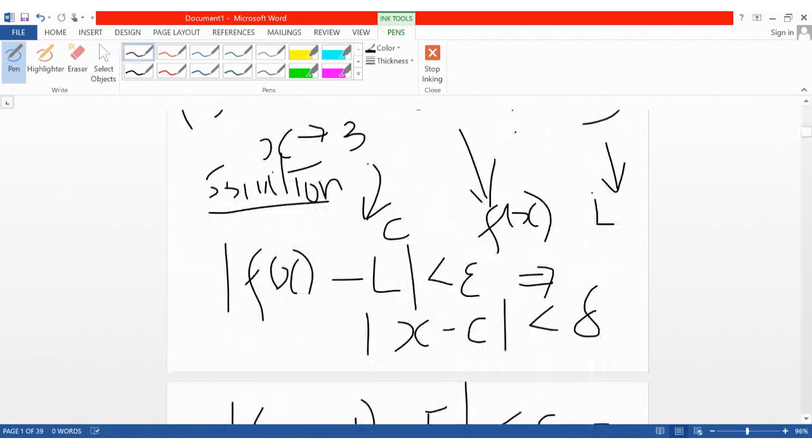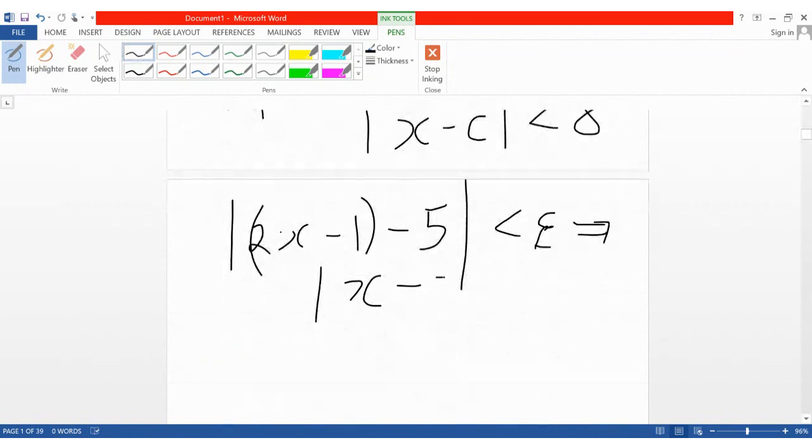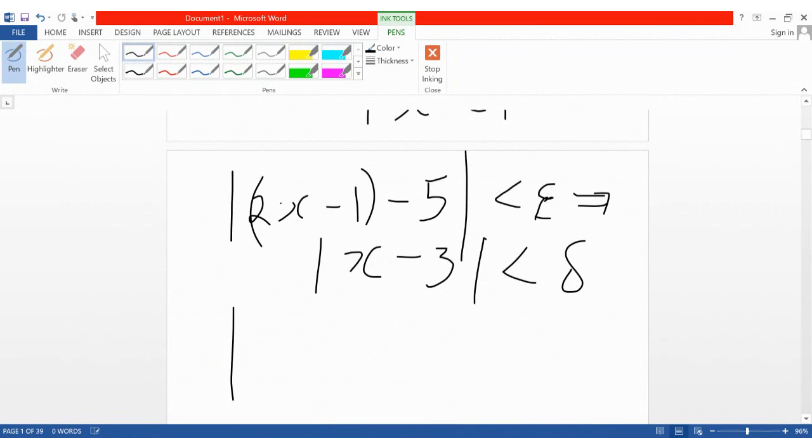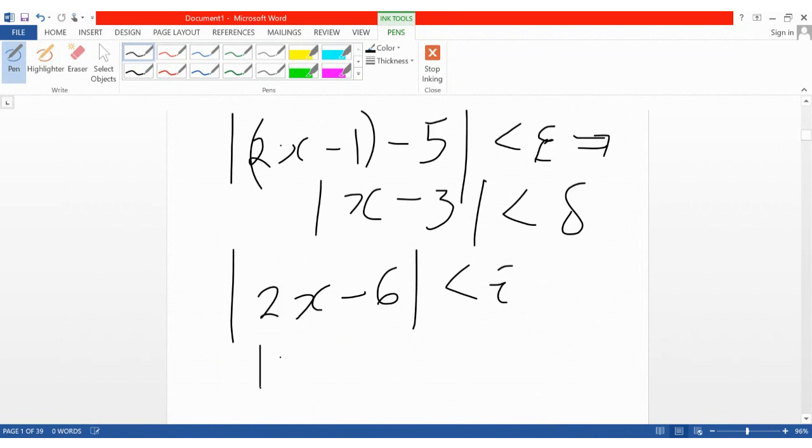When you do the brackets, you get 2x minus 6 is less than epsilon, and then x minus 3 is less than delta.